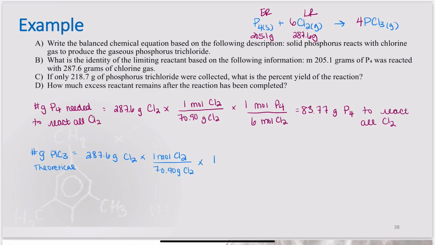Looking at my balanced reaction, 4 moles of PCl3 are produced for every 6 moles of Cl2 consumed. Again, it's always good to check to make sure grams of Cl2, moles of Cl2, grams of Cl2, moles of Cl2. Definitely forgot to write the last step up there.